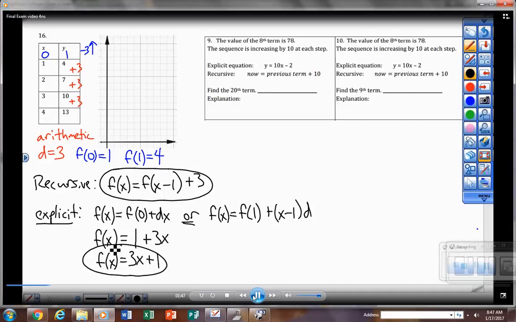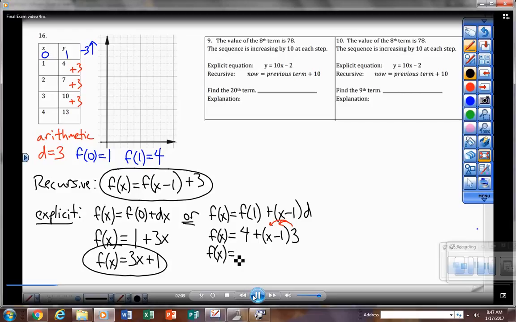If I take that other equation and instead of using the 0 term, I use the first term, and plug in 4 right there for f(1) plus (x minus 1) with 3 on the outside, I'm going to distribute that 3 and combine my like terms, and I should get that same slope of 3x and y-intercept of 1.